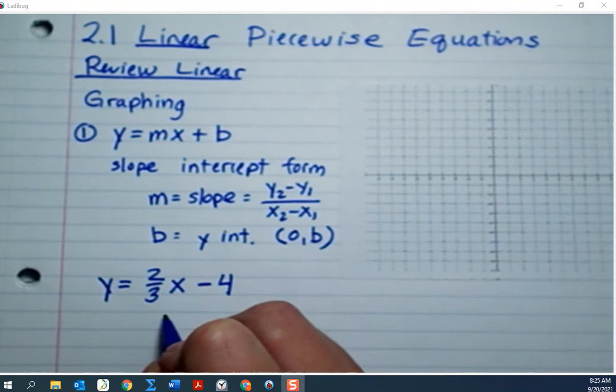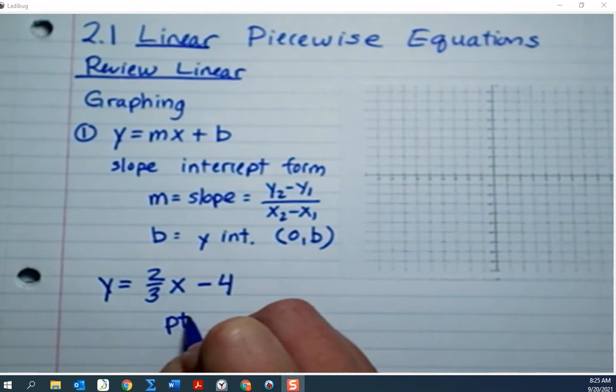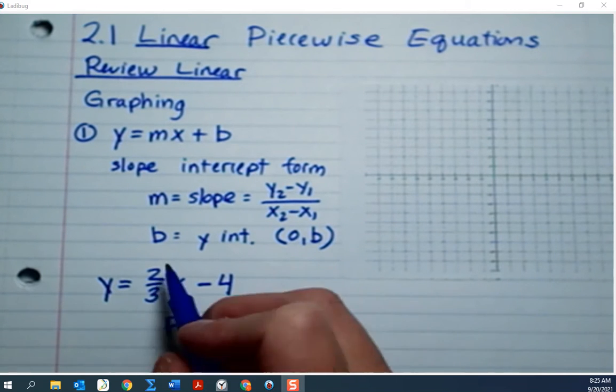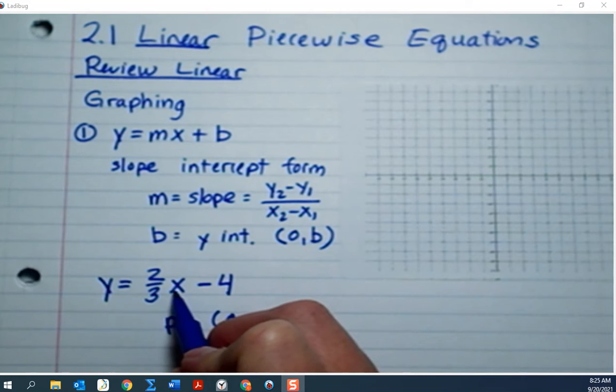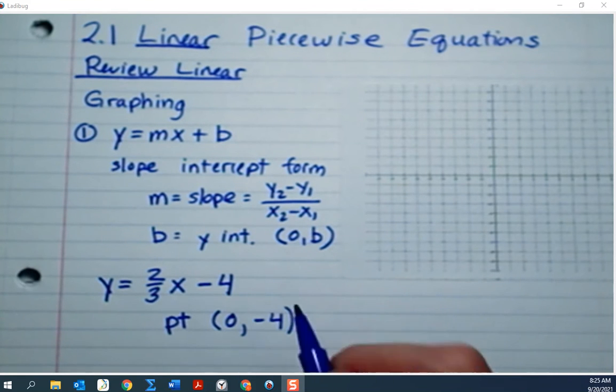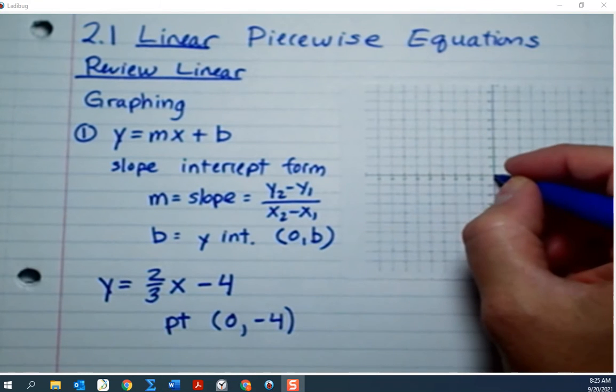So the starting point, now I'm not going to call it y-intercept, I'm just going to call it a point. If you plug in 0, 2/3 times 0, 0, minus 4. So there's my starting point. Any point will do.